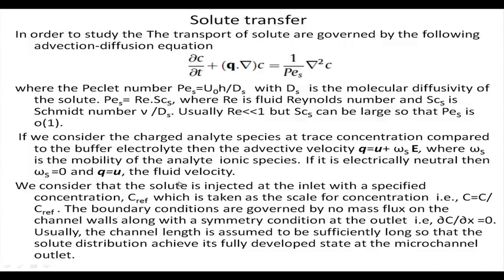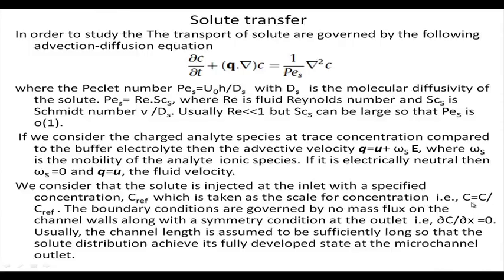Now, to investigate how the solute is transported, suppose we consider a portion of the channel. At the inlet we are injecting the solute with a fixed concentration, which we call C reference, which is the scale for the solute concentration.